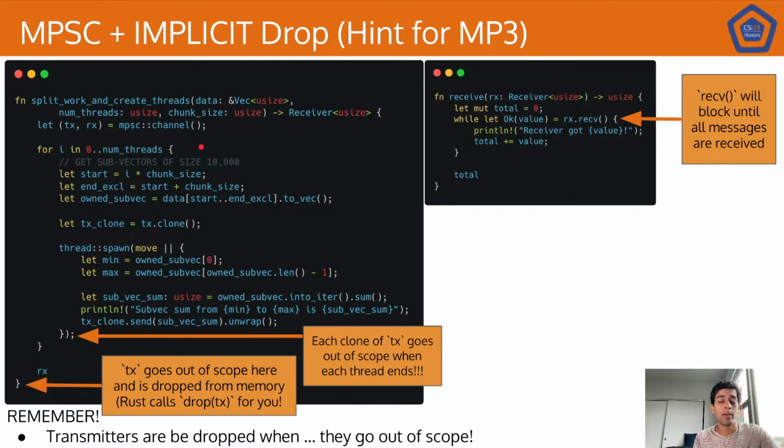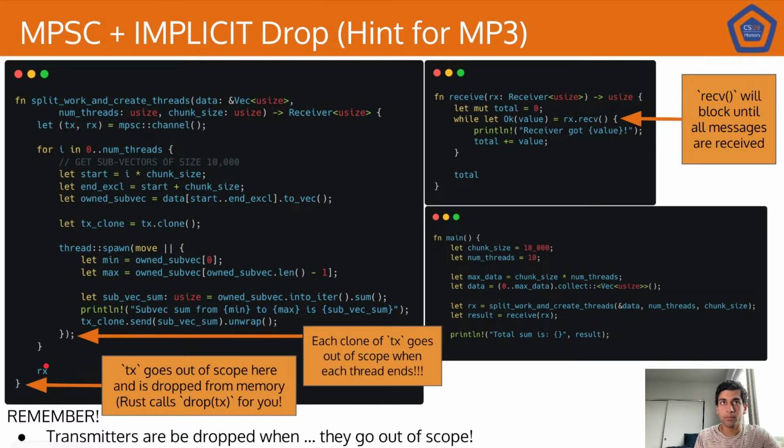We know all transmitters are dropped because, at this point, when the threads finish, they're dropped, and at the end of this function, our transmitter is dropped. Okay, and then in our main, we create our piece of data, call this split work and create threads function, and then pass the receiver that we get from that into this receive function that we just made up here.